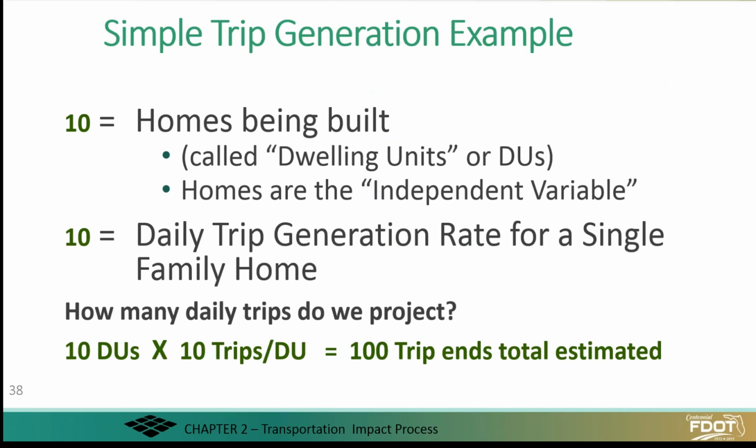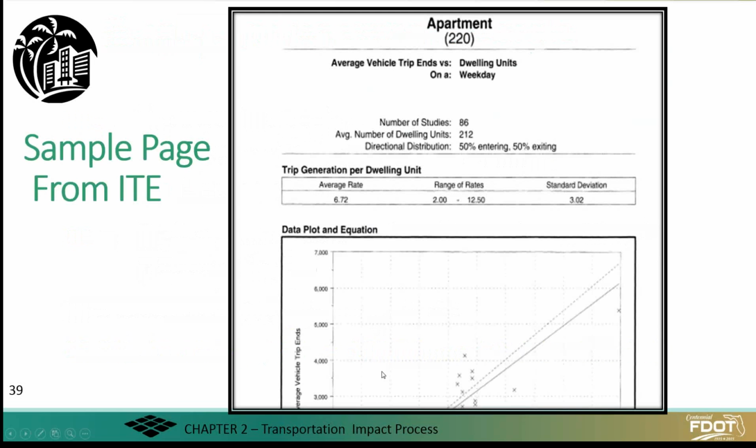So 10 dwelling units times 10 makes 100 trip ends. All right, again, this is another example using the ITE land use code. This is apartment, land use code 220. By looking at the average rate for apartment, land use code 220, the average rate is 6.72.